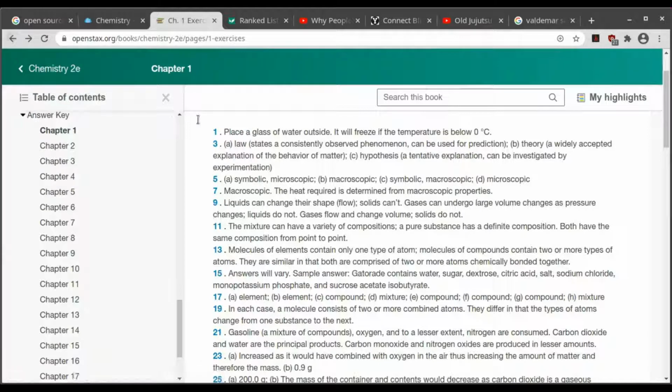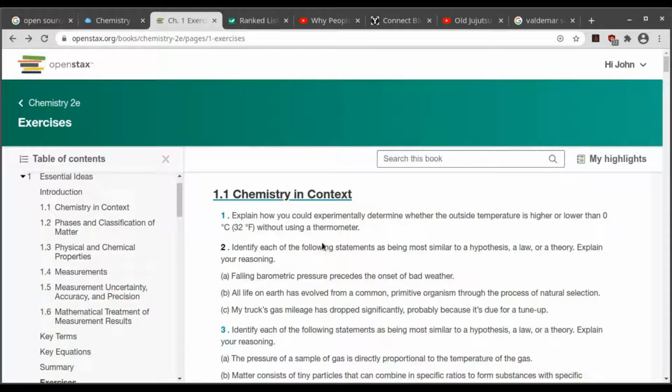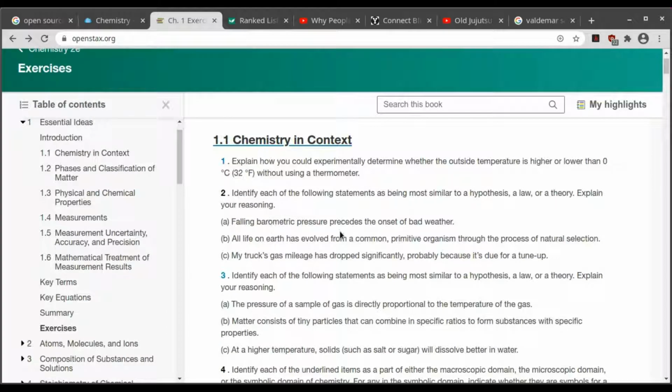Okay, now the other questions actually get into what we actually studied here in the chapter. Identify each of the following statements as being most similar to a hypothesis, law, or theory. Explain your reasoning. So we don't have the answer, but we can look at this. Following barometric pressure precedes the onset of bad weather. Barometric pressure is something that weathermen use to tell what the weather's going to be, and they've been able to test this for many years now, ever since they invented the barometer.